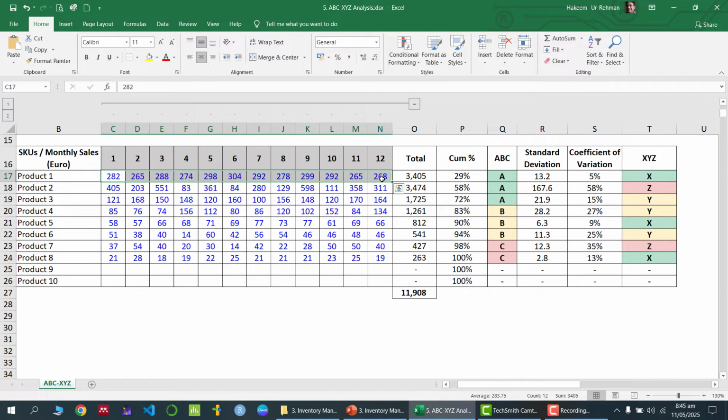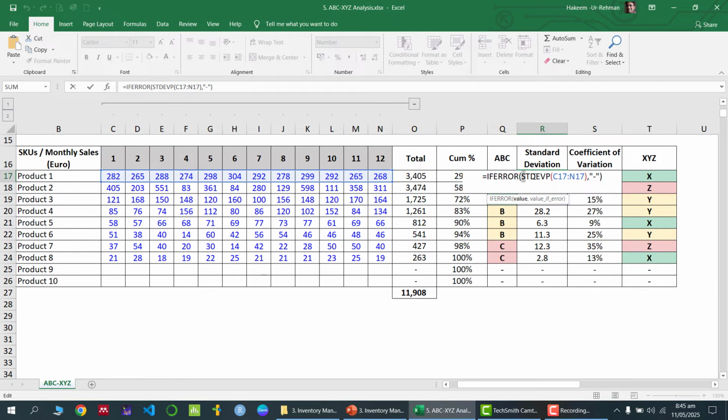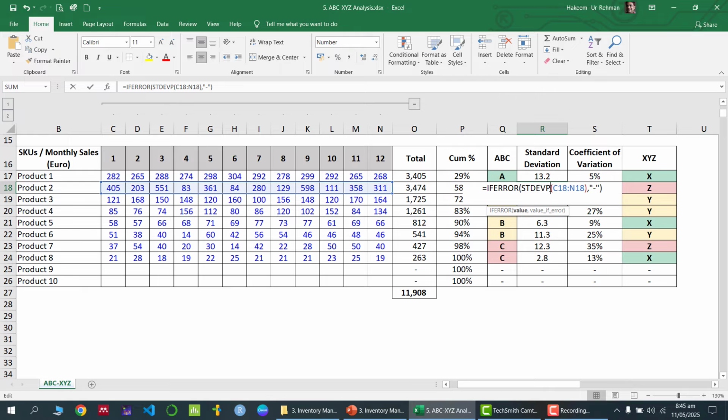In order to calculate the coefficient of variation, we need the standard deviation. For that, we have applied this particular formula, standard deviation, and picked this entire range. Similarly for the second product. So this is the standard deviation we needed in order to find out the coefficient of variation.